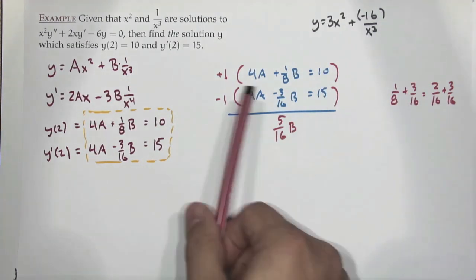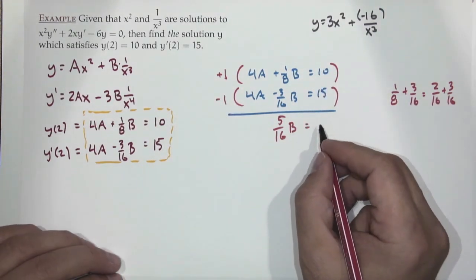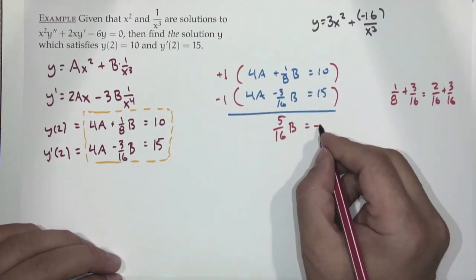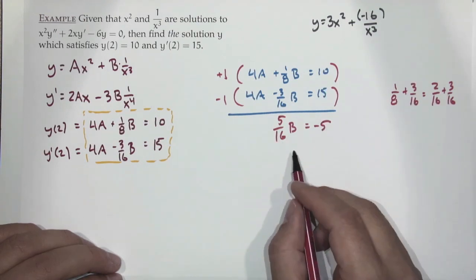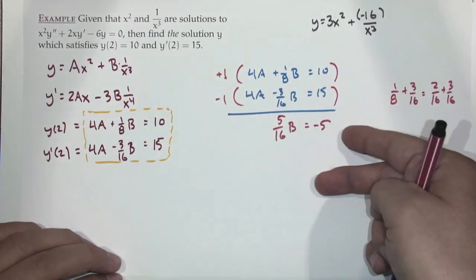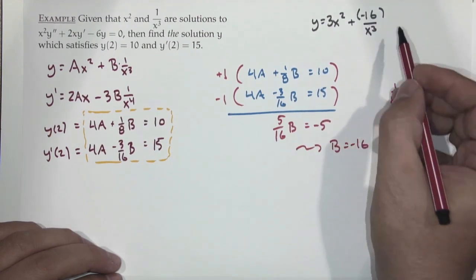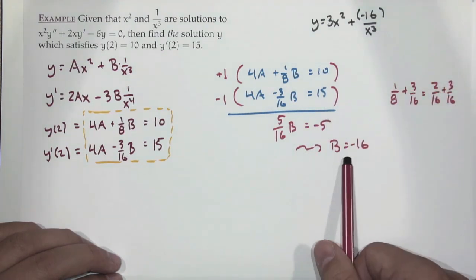Okay, 10 minus 15 is minus 5. So move the 5 over 16 across by multiplying by the reciprocal. And that tells us, lo and behold, b equals negative 16. Yes, that's good. Now, once you know b, how do you get a?